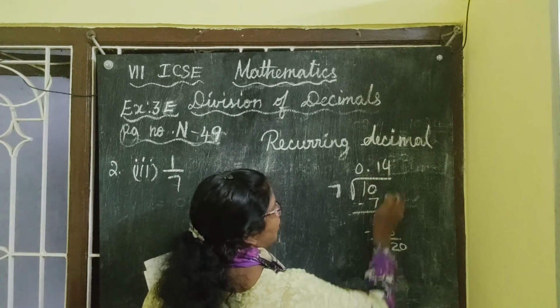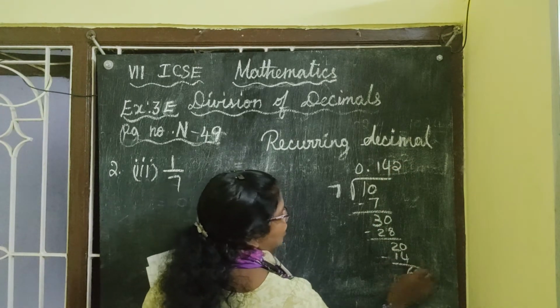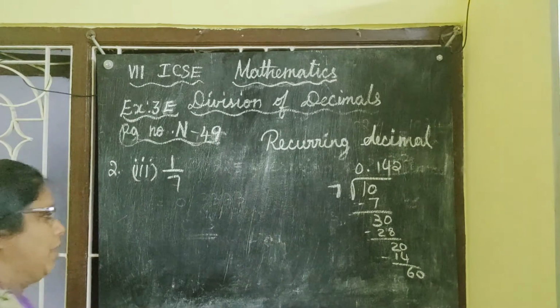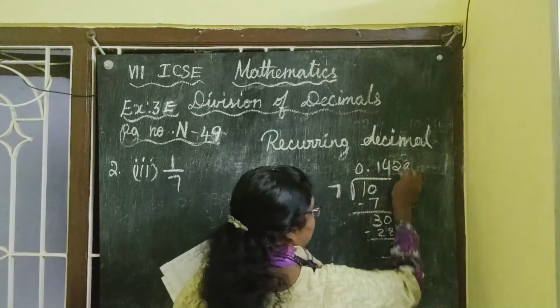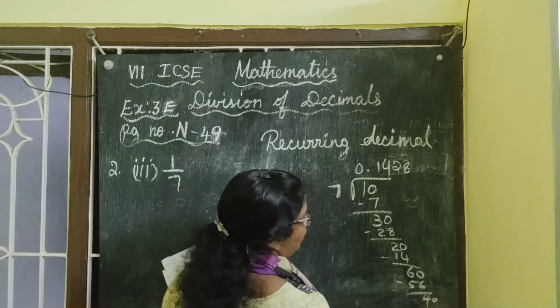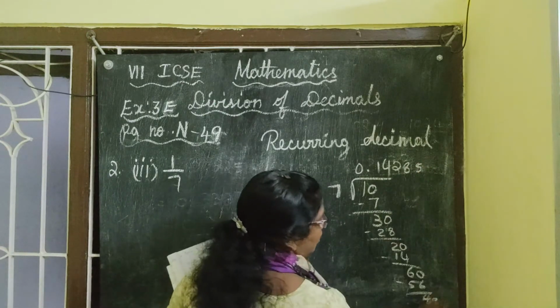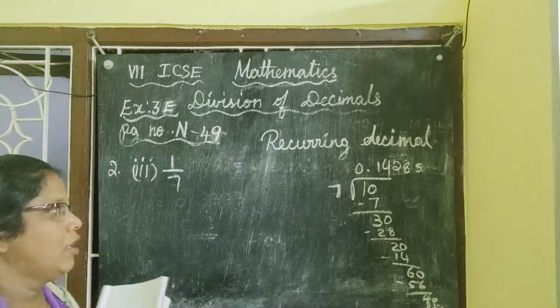Put 0. 7 2s are 14. Remainder 6. 0. In 60, how many 7s are there? 8 7s are 56. So remainder 4. Again put 0. 7 5s are 35. See, it's going on. We are not getting an end there.